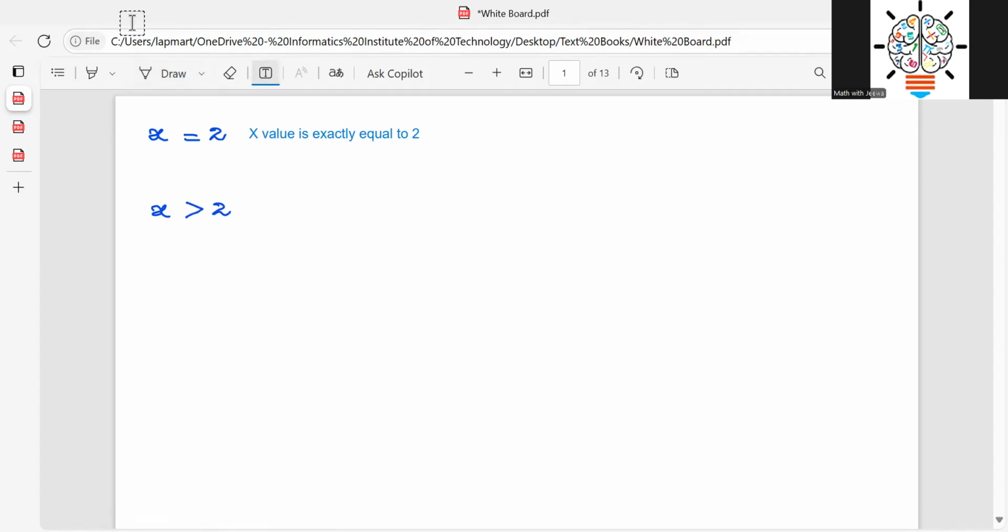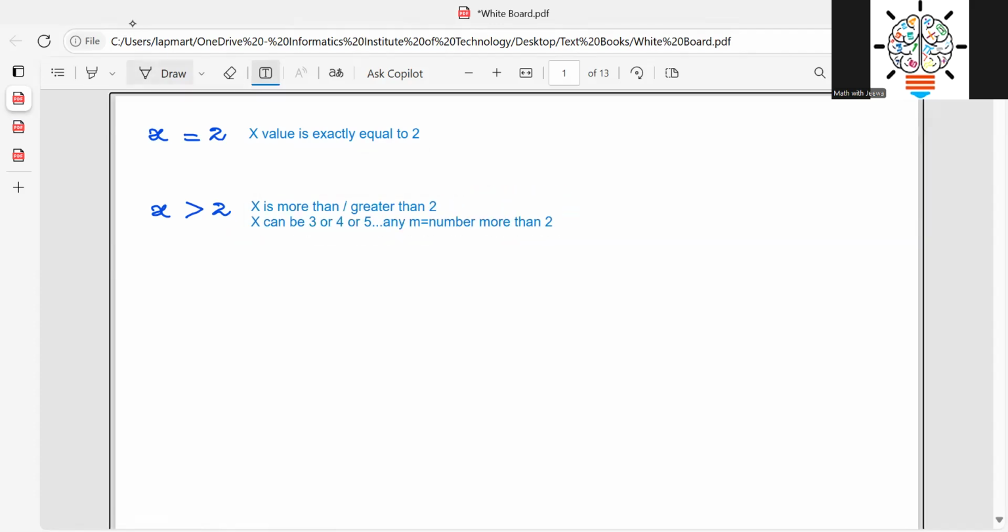Let's say I have something like this, that x is bigger than 2. So how am I going to write that x is more than 2? Sometimes we use another term, greater than 2. So then what are the values? That means x can be 3 or 4 or 5, any number more than 2.